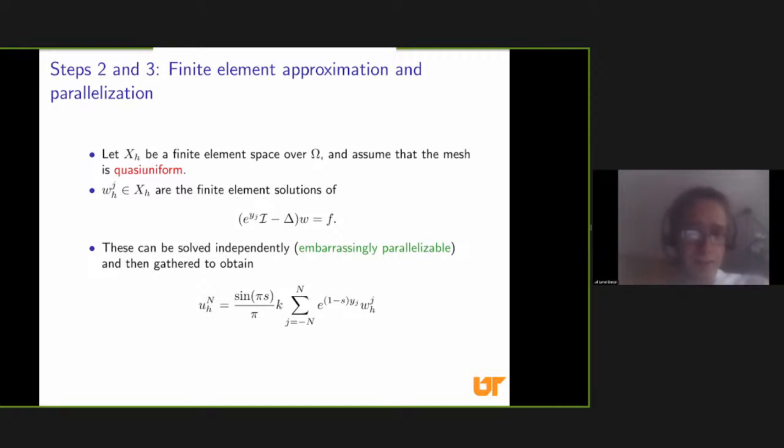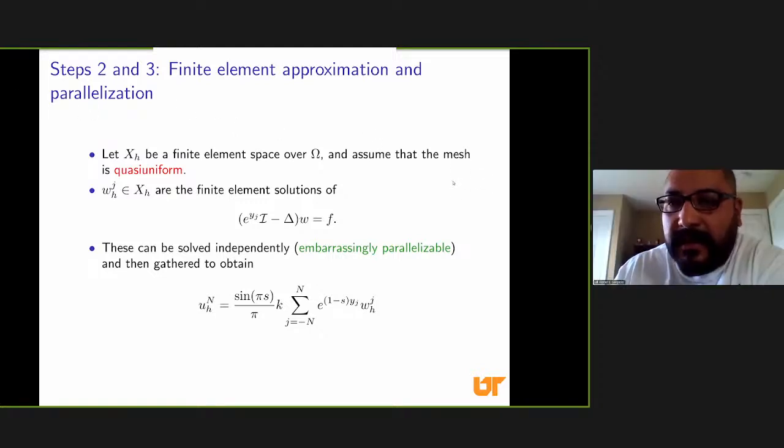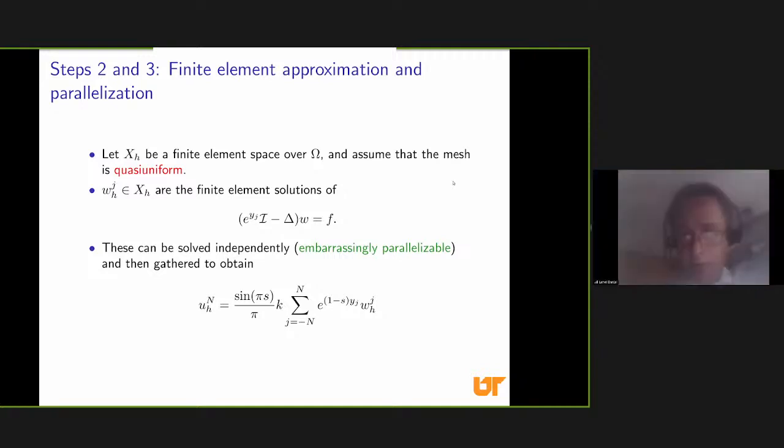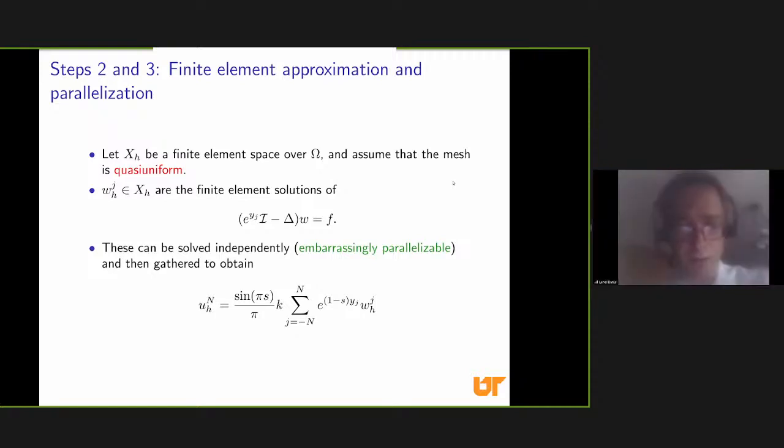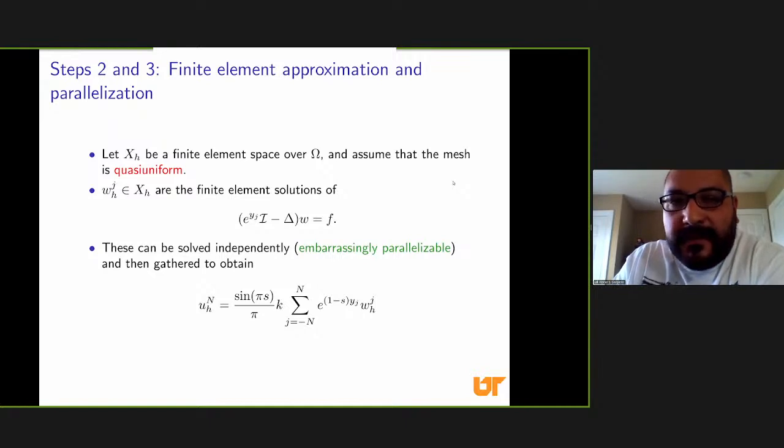The contour integral error can be done separately, and then you have a series of reaction diffusion problems. I don't see fundamentally how it's different, but maybe I'm missing something. I think at some point they need some sort of stability of the L2 projection in H1 or something like that.